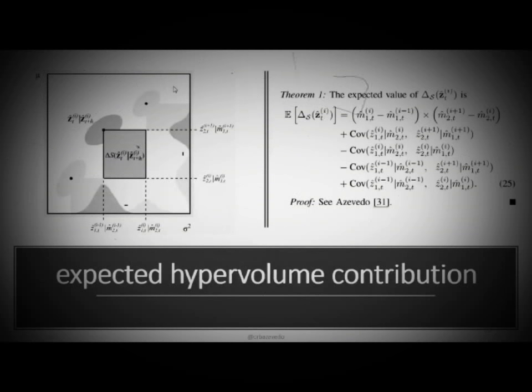Once you model this as bivariate Gaussian distributions, there's a nice way to arrive at this quantity, and then you can design nice hill climbing heuristics to maximize hypervolume over time.